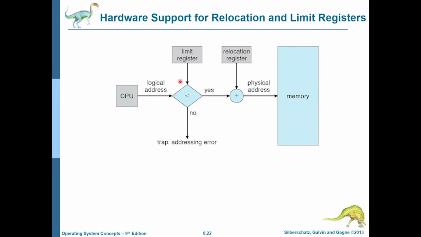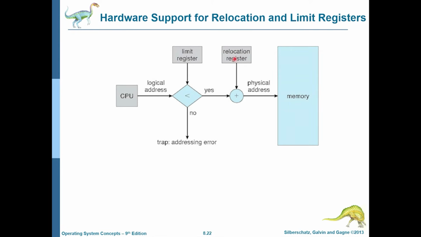For the process, it does not really matter where it is running, as long as its logical addresses follow a continuous pattern, so there are no gaps in the logical addresses that it generates. The operating system can guarantee that, because the MMU cannot introduce any jumps. All it is doing is checking for a limit to make sure that this process is not trying to access addresses outside the range it is supposed to access, and that wherever it is placed by the operating system, its base is stored in a relocation register.